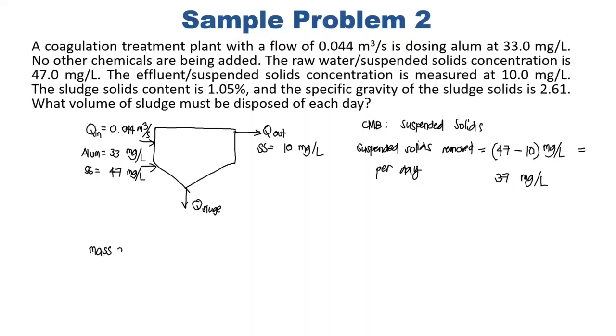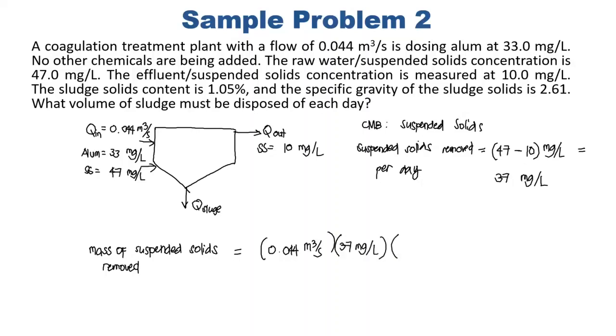So the mass of suspended solids removed is equal to the average volumetric flow into the coagulant treatment plant, 0.044 cubic meter per second, multiplied by the suspended solids removed per day, which is 37 milligrams per liter.